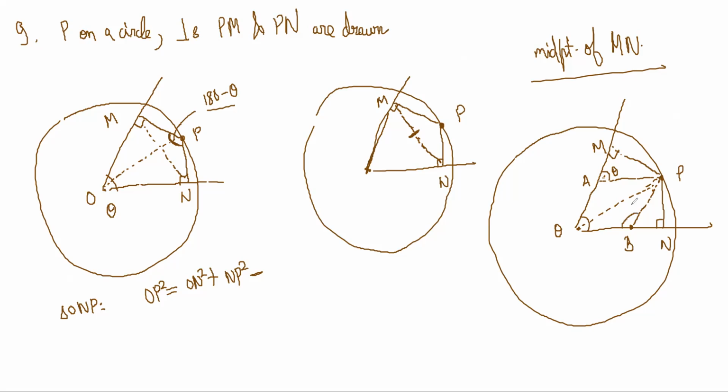No. If this is theta, this is 180 minus theta, so this is theta, right? That doesn't make any sense. 180 minus theta, this should be. Correct, 180 minus theta, no? Makes sense, because this is theta and this is a parallelogram that I have drawn.